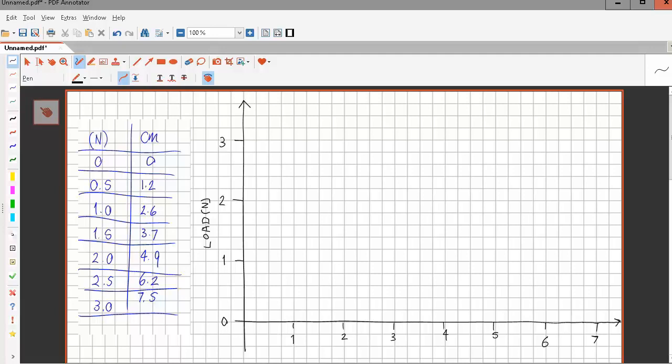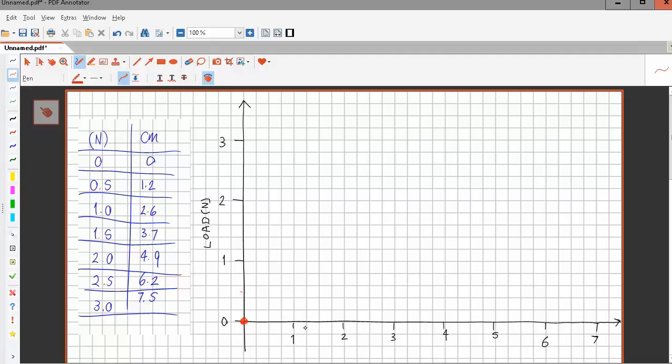Now we've got to plot the data points. I'll switch to red here. We've got one data point at 0, 0. At 0.5 newtons load, the extension is 1.2.